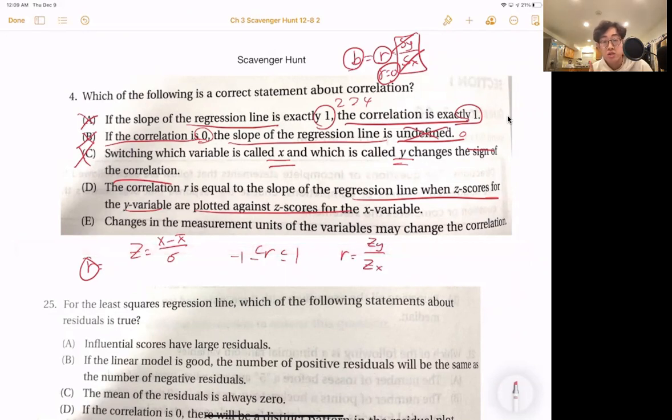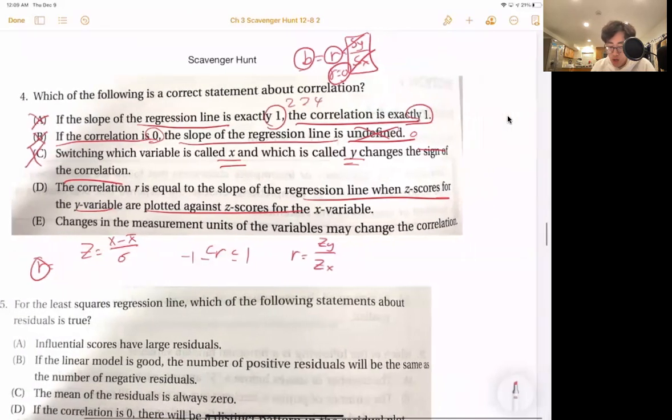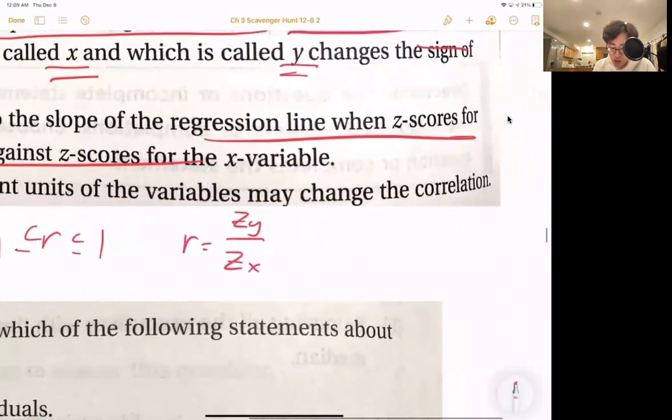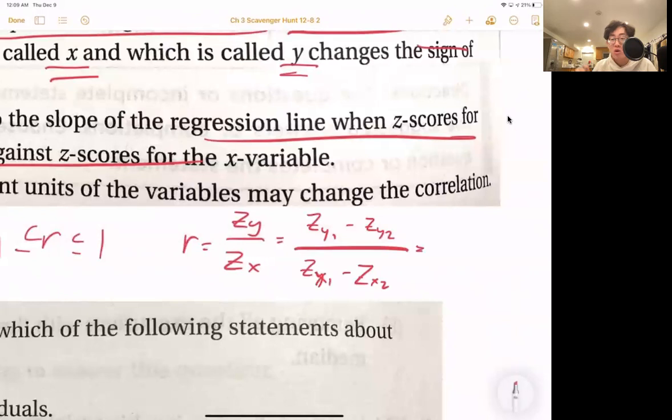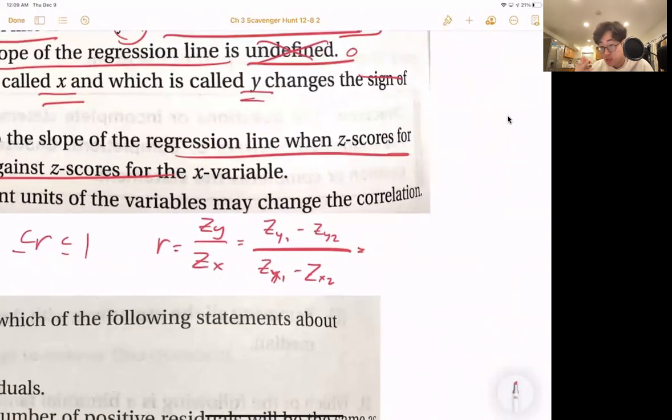Or the correlation is equal to the slope of the regression line when the z-scores for the y variable are plotted. So this is basically what they're saying. The z-score of y1, let's say the first point, minus the z-score of y2, over the z-score of x1 minus the z-score of x2. I don't want to go too much into the mathematical definition behind it, but a z-score always deals with the standard deviation.